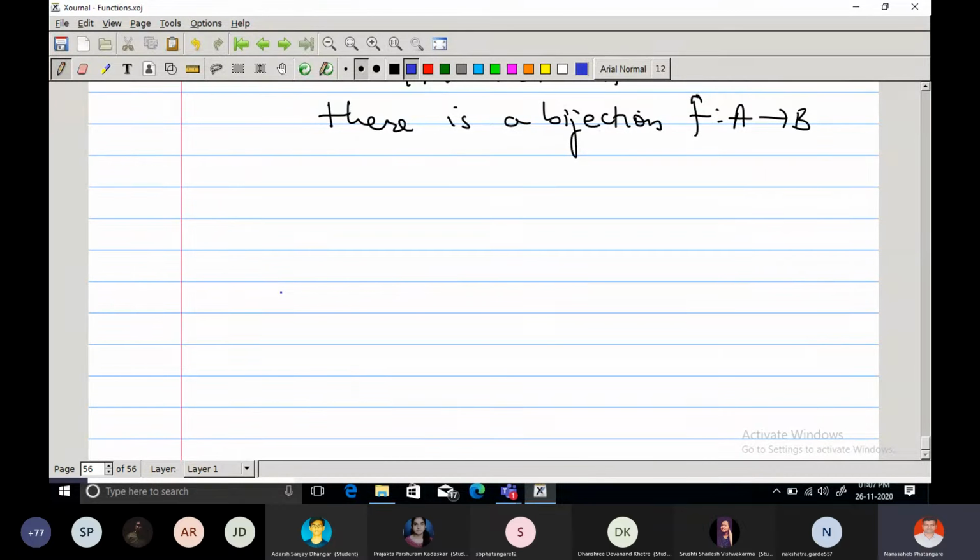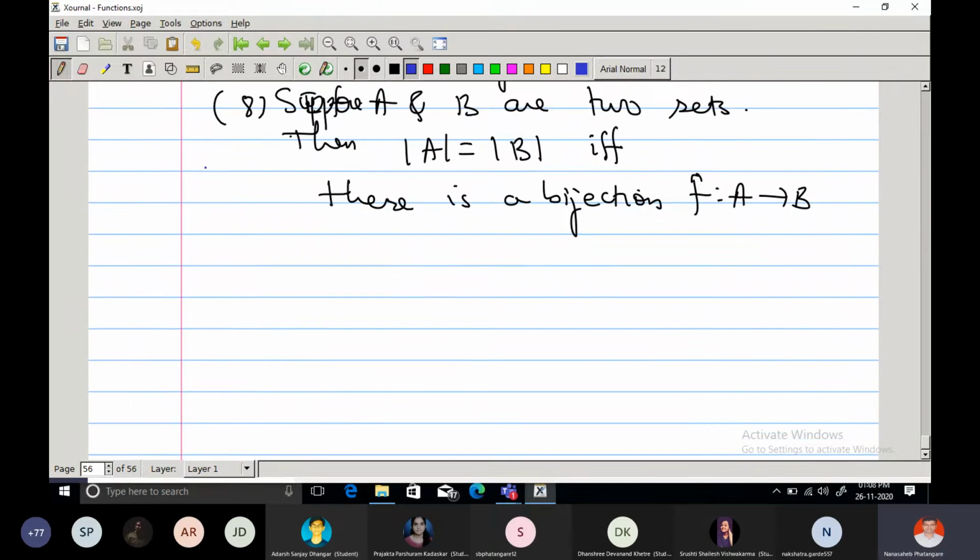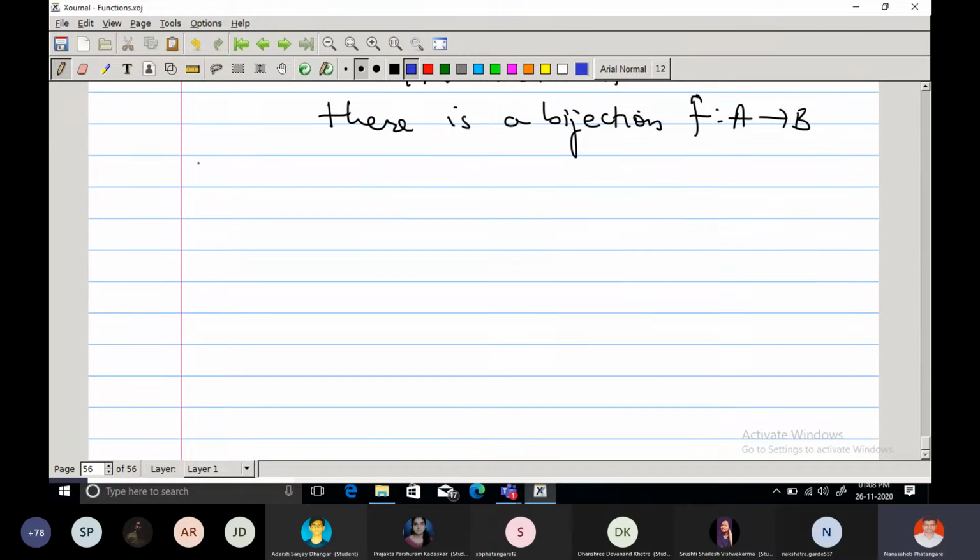Okay, now just think about A equal to the interval (0, 1) and B equal to the interval (3, 7).